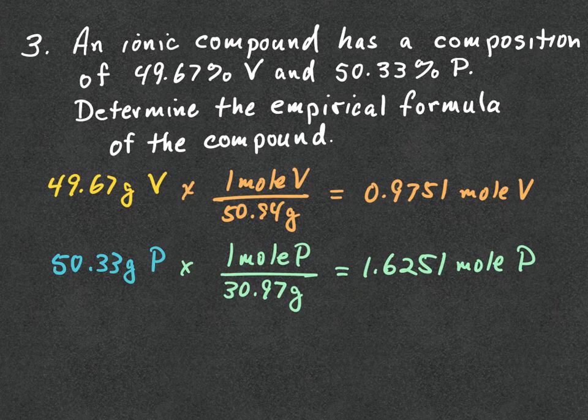Okay, so our number of moles of vanadium is the smaller number, so let's divide both numbers by that.